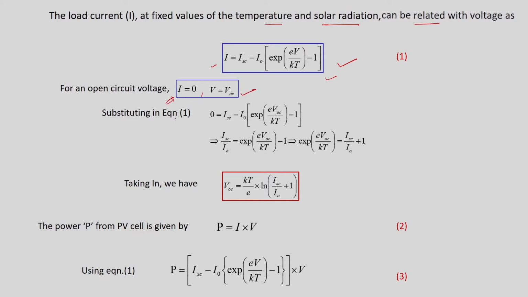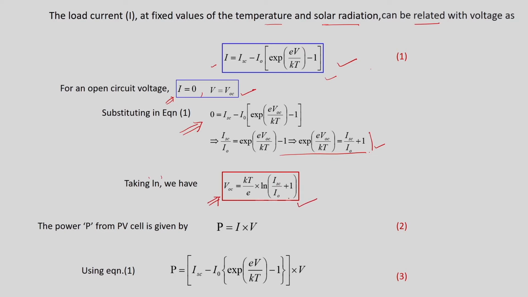If we substitute this in equation 1 and simplify it, then take ln on both sides, we can calculate VOC, which is nothing but kT by e multiplied by ln of (ISC by I naught plus 1).